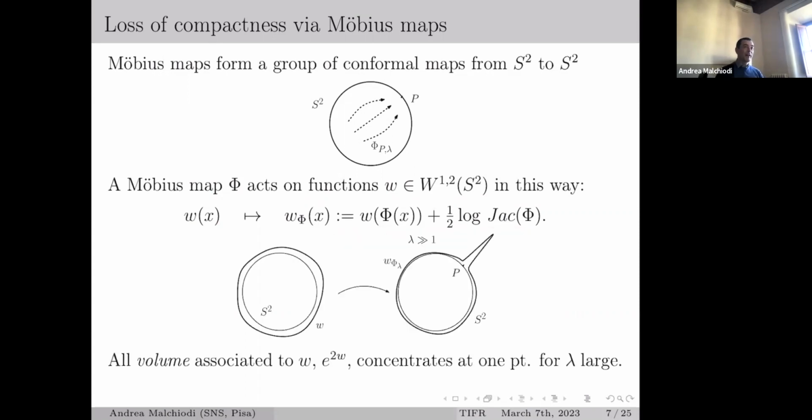So what is the effect? If you start from a conformal factor which is essentially bounded at the beginning, and then you apply a Möbius map, the new conformal factor will tend to concentrate at a single point in the form of a Dirac measure. So this is a loss of compactness, because while the measures stay bounded, the weak limit is 0. And so you lose compactness in this way.